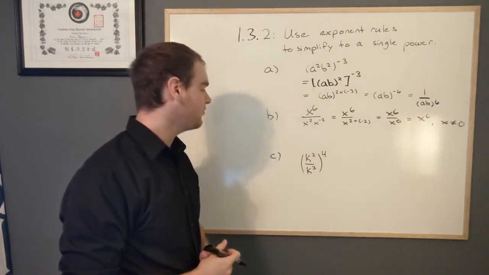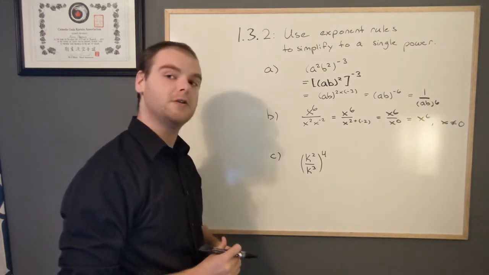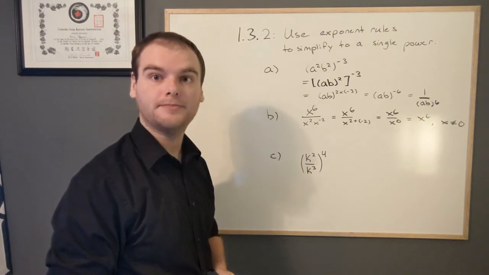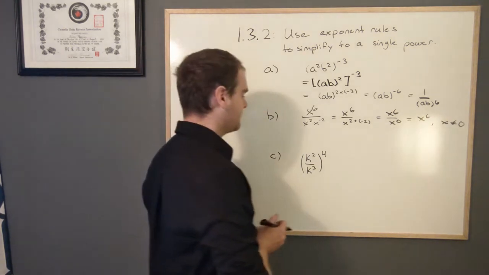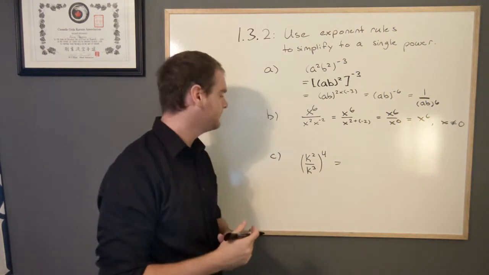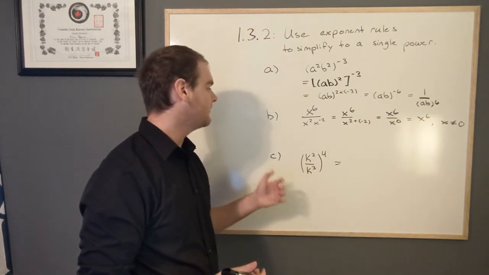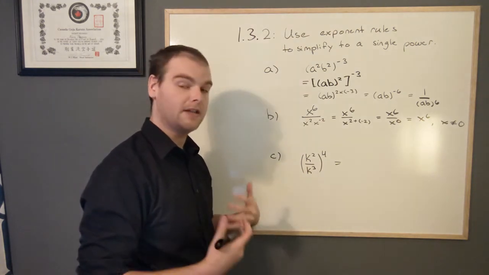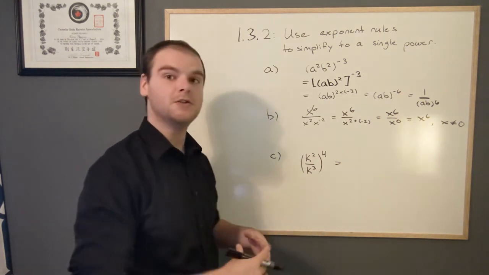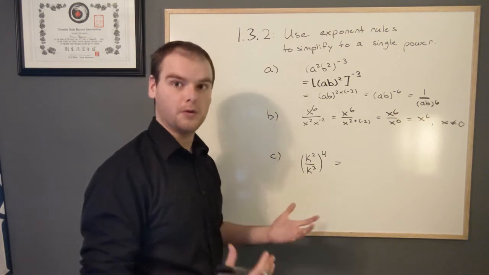On to the third problem. We have k squared divided by k cubed, all of that to the power of 4. Now we'll start inside the brackets here. So we have k squared divided by k cubed. Using our third exponent rule, we can change this into a subtraction of exponents.